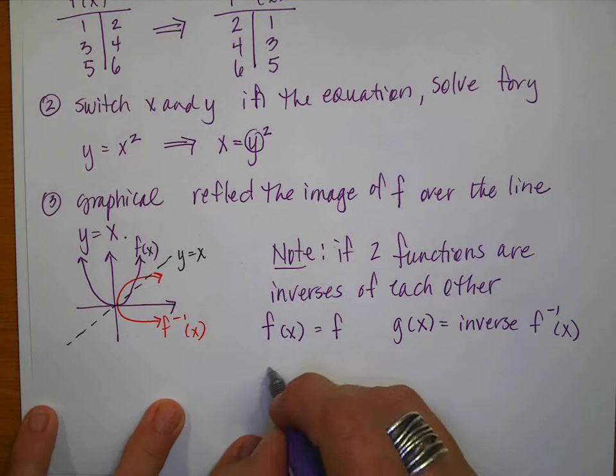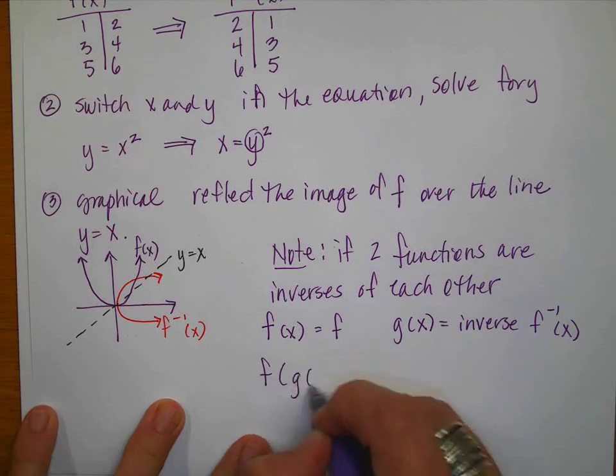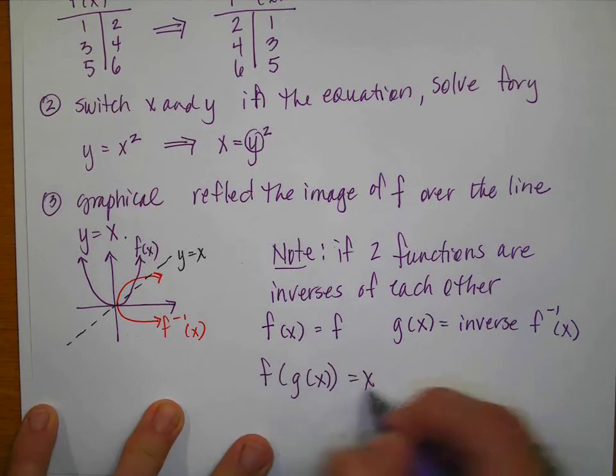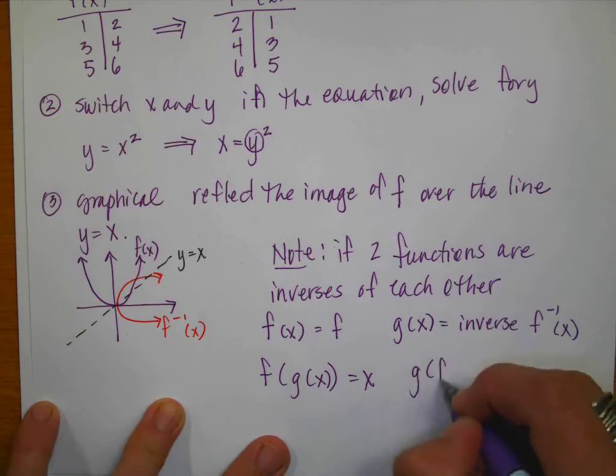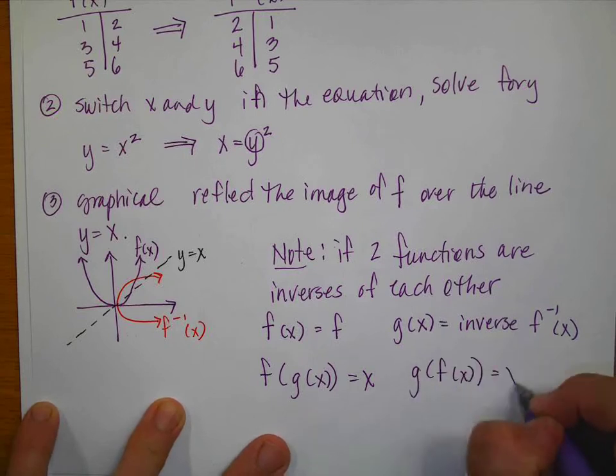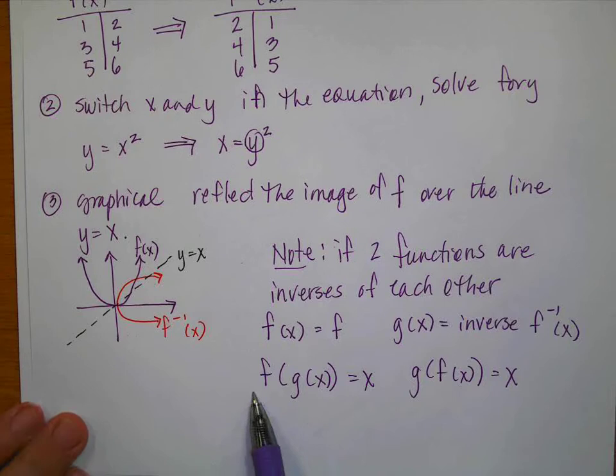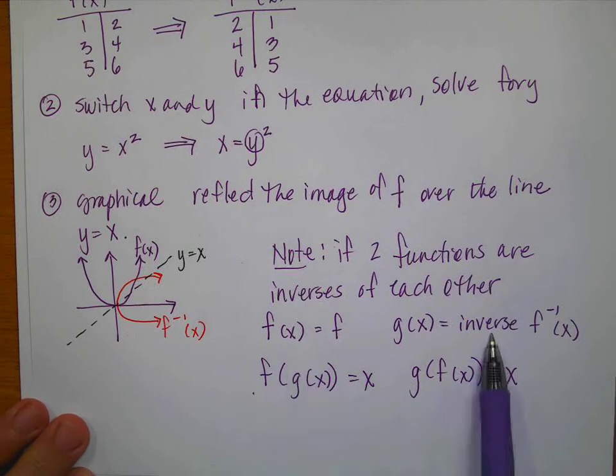The cool thing then is two functions are inverses, the composition is equal to x, and it doesn't matter which direction you go. So if I do a composition with the original function and the inverse, both of those compositions will give me x.